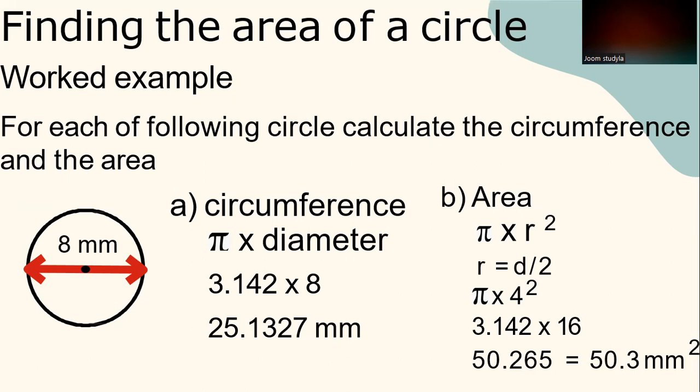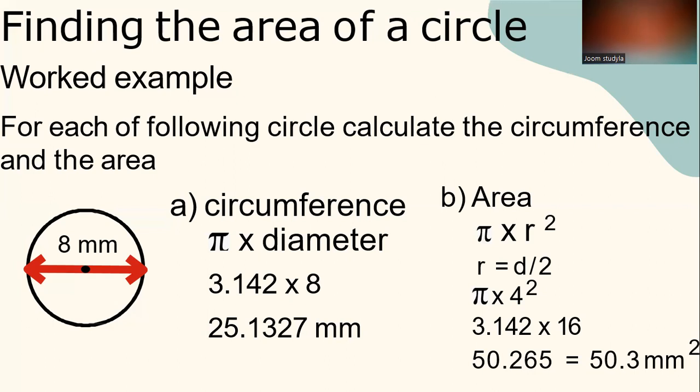So diameter divided by 2 is equivalent to 4.